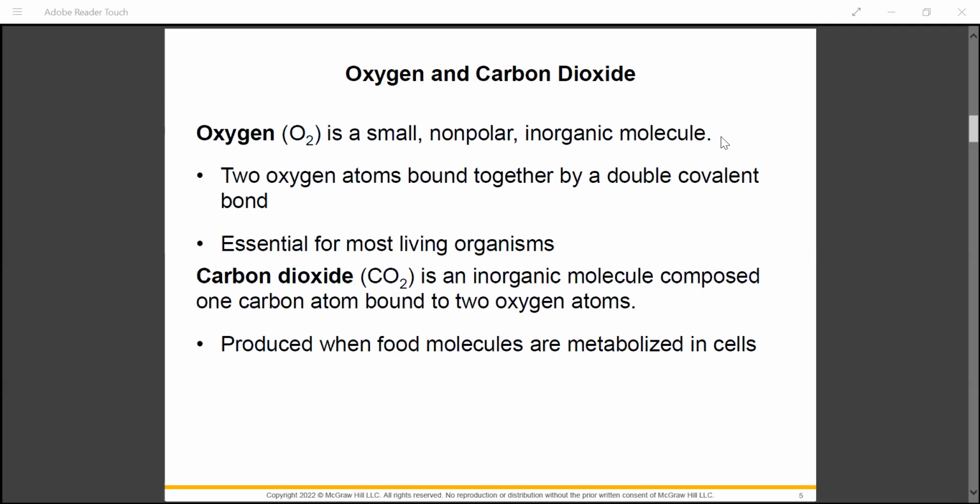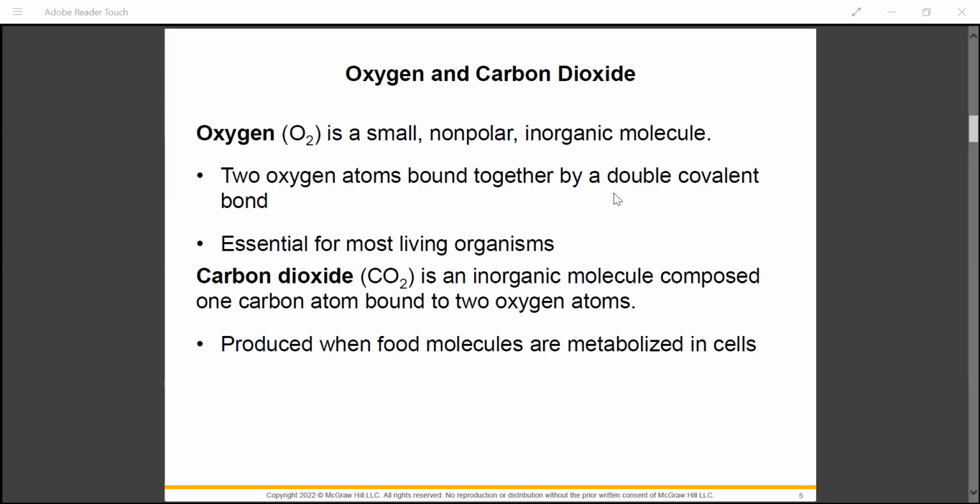So oxygen is 2 oxygen atoms that are bound together by a double covalent bond. Now, you guys don't have to worry too much about the different types of bonds. That's something that's more on the chemistry side of things. But there's a few different types of bonds that we'll talk about, and it just changes somewhat the charge or the polarity of different molecules depending on how they're bonded together.